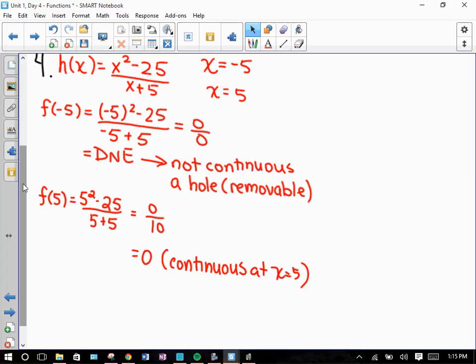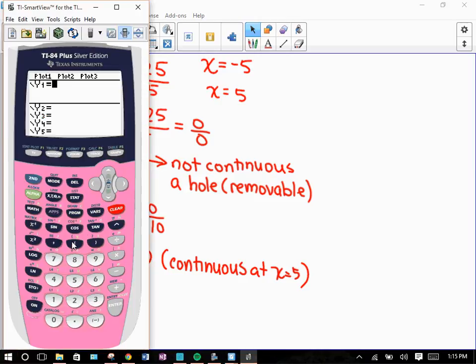So we want to look at the graph. If you look at the graph, we're going to type in the calculator. We're going to graph x squared minus 25, in parentheses, divided by x plus 5. Alright, and let's graph. Let's see what that looks like.